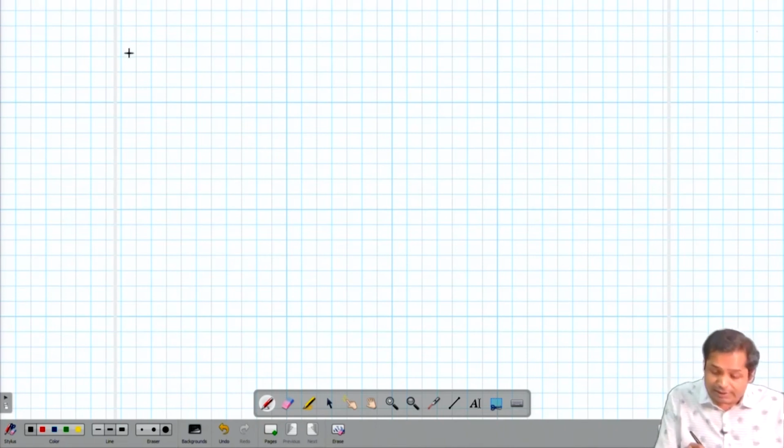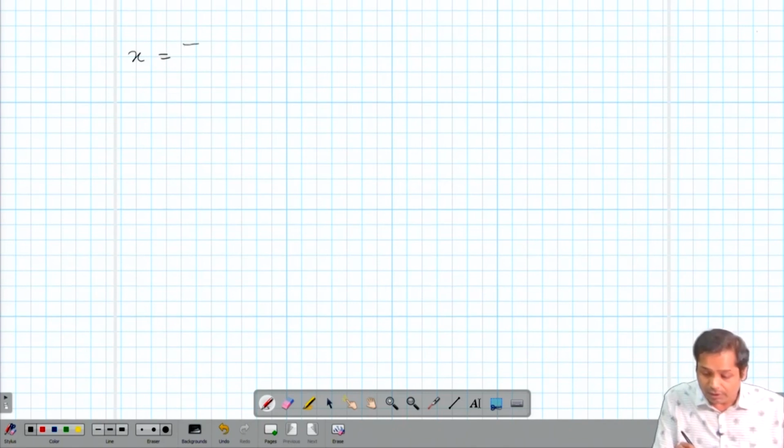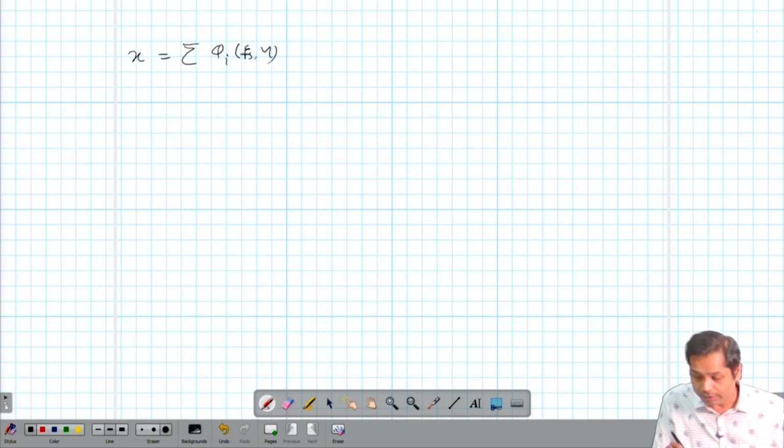So what we know is x is equal to the summation of phi I, written in terms of the xi, eta coordinates, times xi, where I is equal to 1 to n.